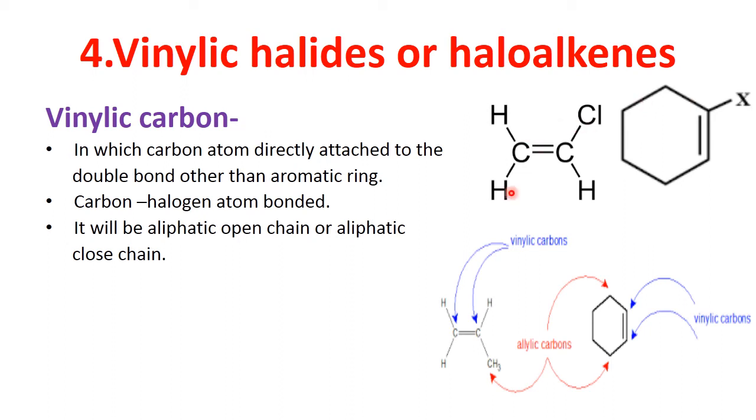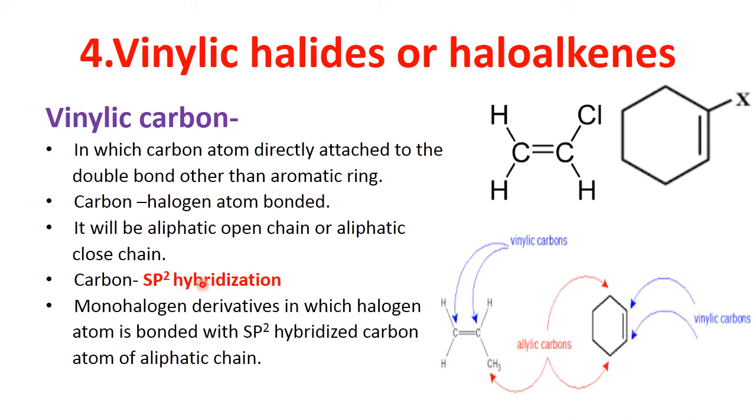In both cases, both carbons behave as vinylic carbons in the aliphatic open chain, and in the aliphatic closed chain, you can see these 2 carbons behave as vinylic carbons. The vinylic carbon is bonded to a double bond, and therefore it undergoes sp2 hybridization, and therefore we can define vinylic halides as monohalogen derivatives in which the halogen atom is bonded with an sp2 hybridized carbon atom of an aliphatic chain.